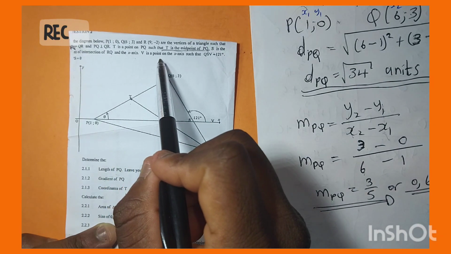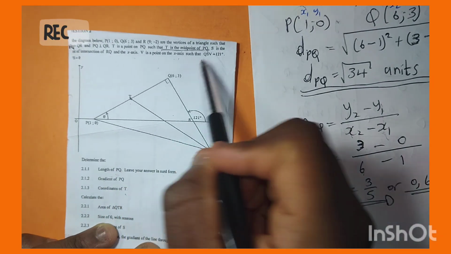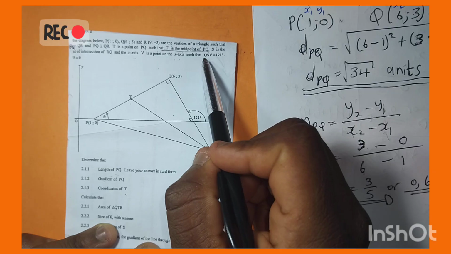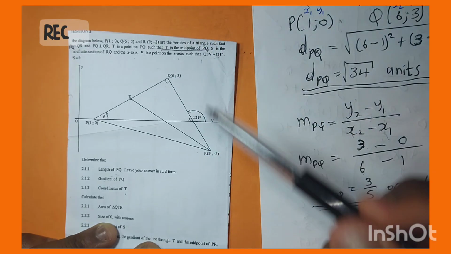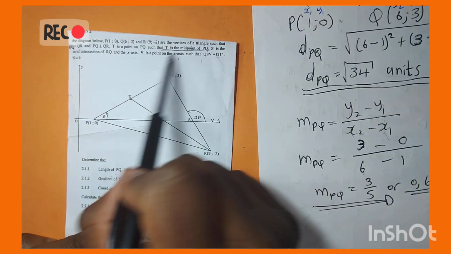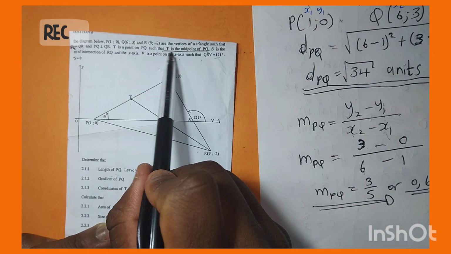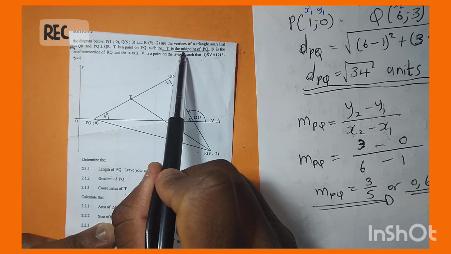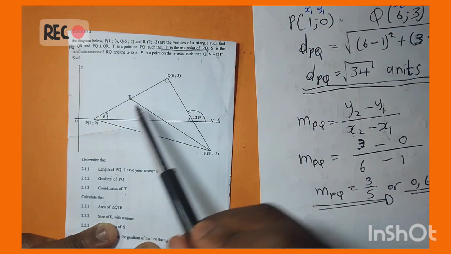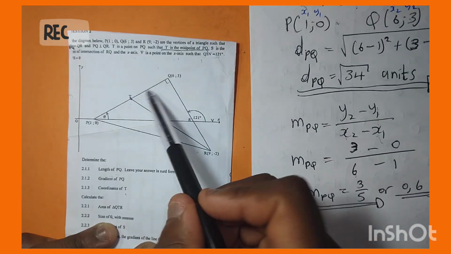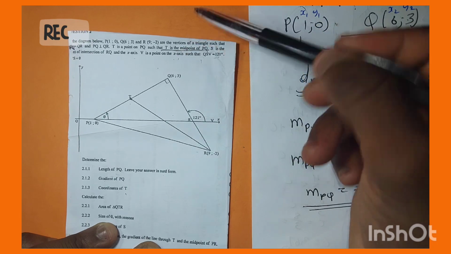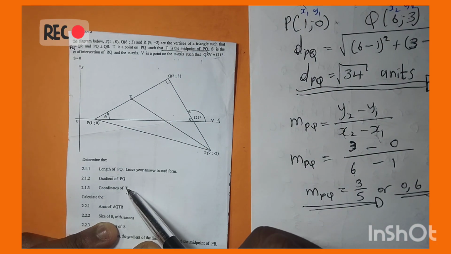V is a point on the x-axis such that angle QSV is equal to 121 degrees. A key thing from that statement is to see that T is the midpoint of PQ. That is the key thing you should understand about that point.